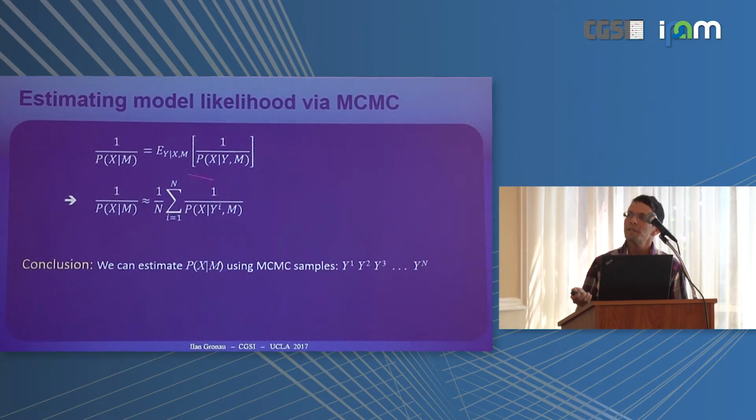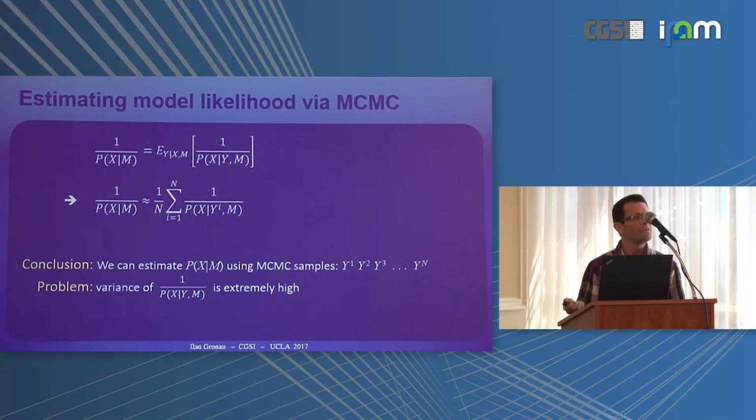So this harmonic mean conceptually seems to work, but we have a big problem with that: its variance is very big. While we are guaranteed that if we have enough samples this is going to converge to the right value, the variance is just too big, and we never actually have enough values for it to converge.